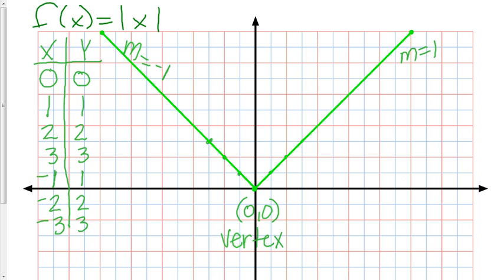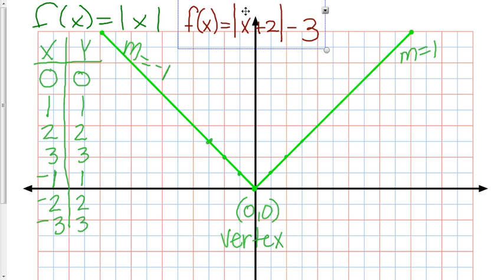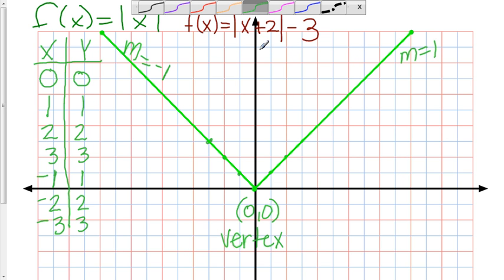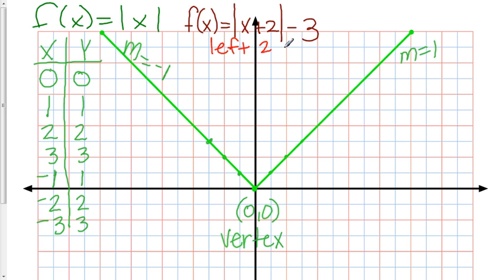Now, if we look at some other functions, this one here is function f of x equals the absolute value of x plus 2 minus 3. And knowing what we know about what happens to things when it's inside and outside, you should recall that this function would be shifted left 2 places and down 3. Left because when it's with x it's always the opposite, and when it's outside of it then it's the same.